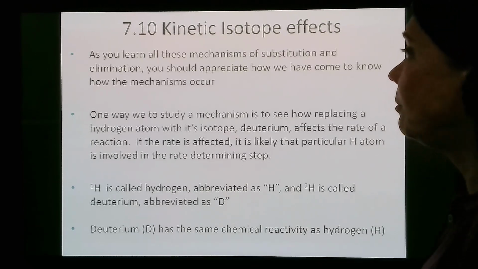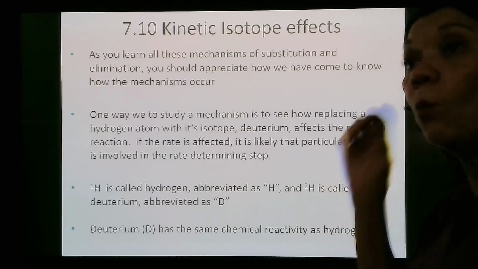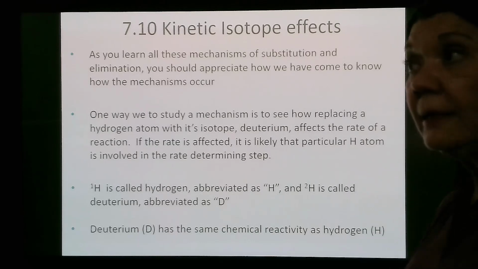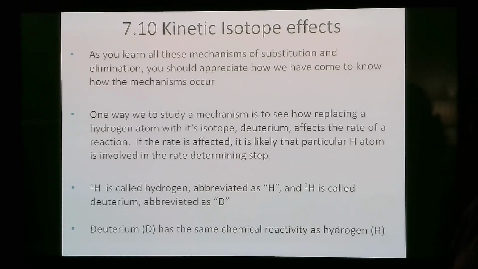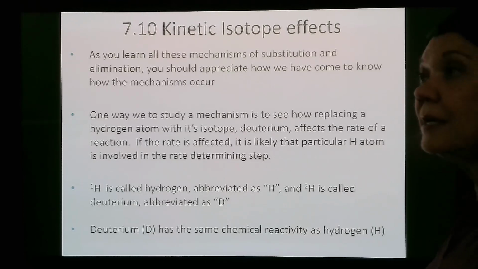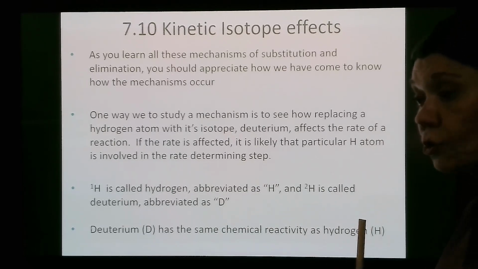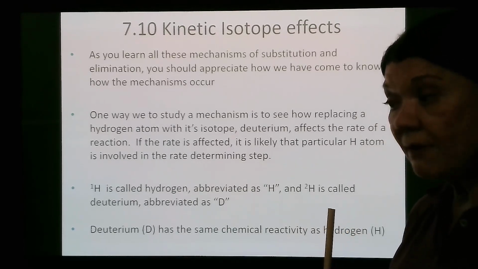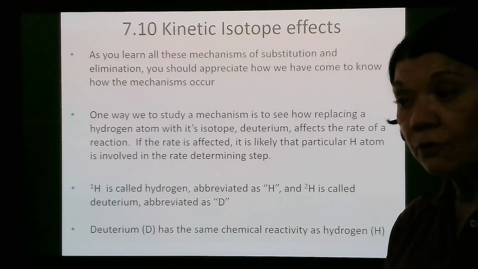Okay, kinetic isotope effects. You're going to learn all of these mechanisms, and you may start wondering, how do we know that these mechanisms are taking place? Well, we have invented, discovered, developed different ways of studying these, and one of these is kinetic isotope effects, in which we'll run the reaction without an isotope present in the molecule, and then we will replace one particular atom in the molecule.